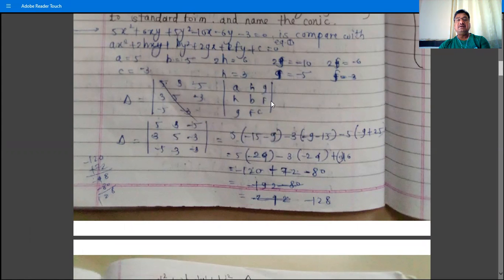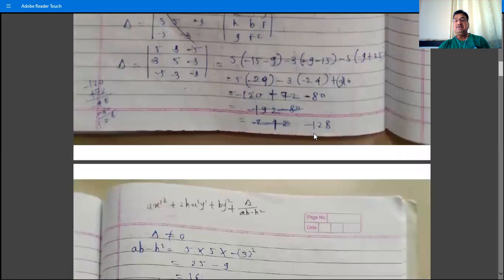So this is the determinant delta equal to 5 in bracket (25 − 9), minus 3 (−15 + 15)... then after simplification the determinant has values −24, −24 and 16.